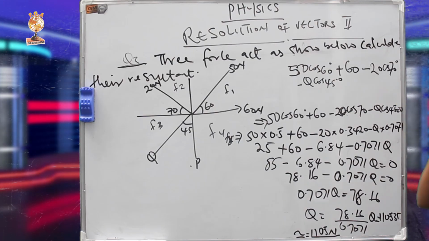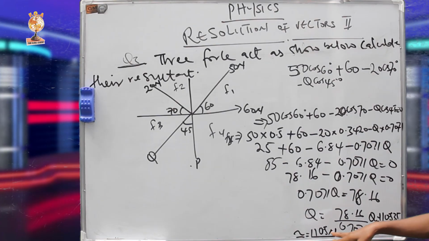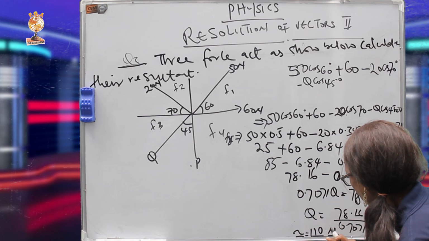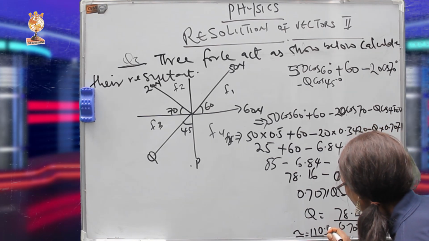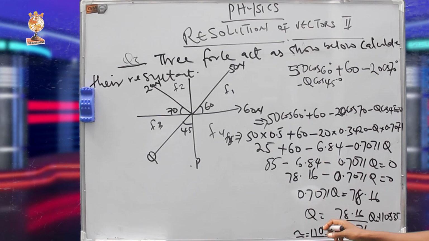Approximately, it becomes 110.5, because the next number, you can round it up. So approximately 110.5 Newton now becomes the value of Q.